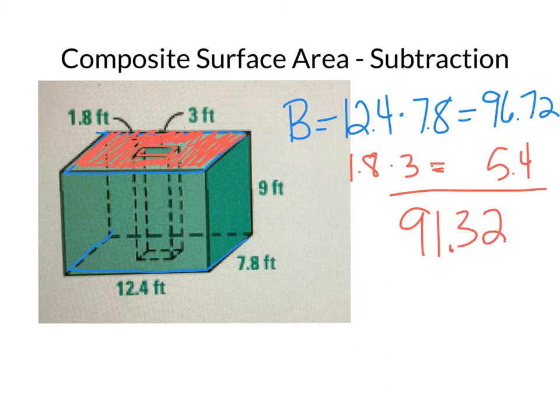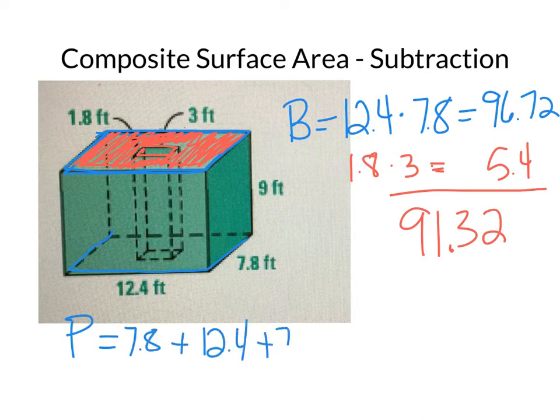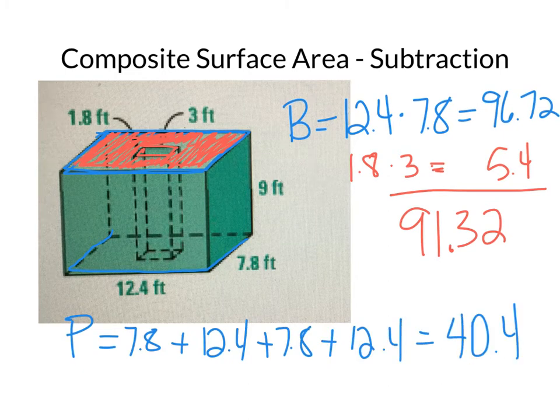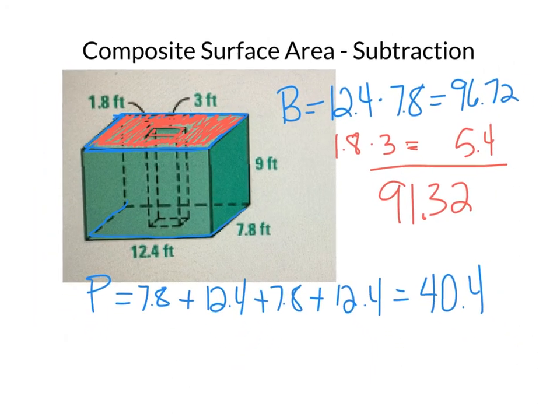Now let's jump over and find the perimeter, because that's the other part of our formula. The perimeter is your rectangle, everything we can touch around the outside: 7.8 plus 12.4 plus 7.8 plus 12.4 is 40.4 for the perimeter of the big base.